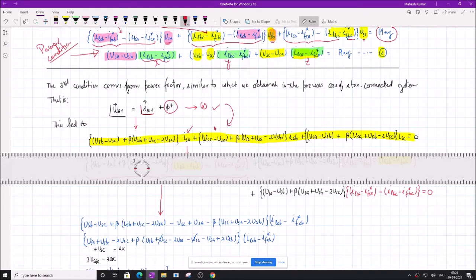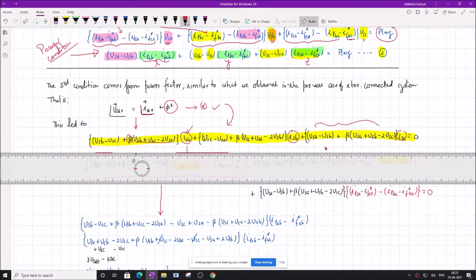The only thing we have to do is to replace ISA, ISB, ISC. These factors are, I can read it, VSB minus VSC for phase A, plus beta into VSB plus VSC minus 2VSA, and the same type of expression is here as well, and then here.